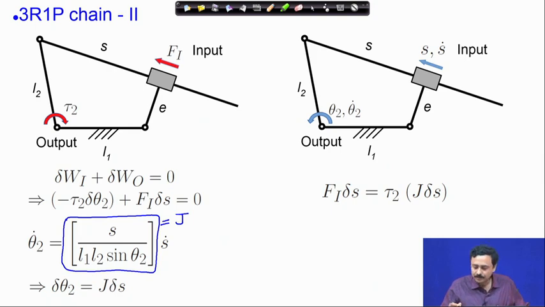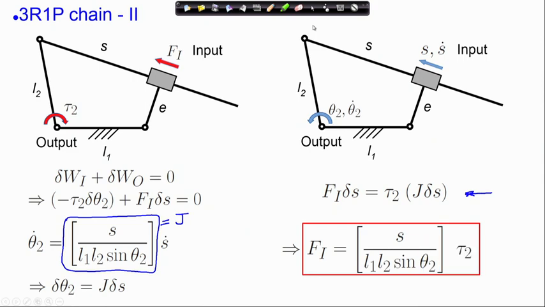So, therefore, from the statement of principle of virtual work, by replacing this delta theta 2, I have obtained this relation, and finally, since this relation must hold for arbitrary delta S, we must have Fi related to the torque through this relation. Now, you can see that the Jacobian has come into the relation.